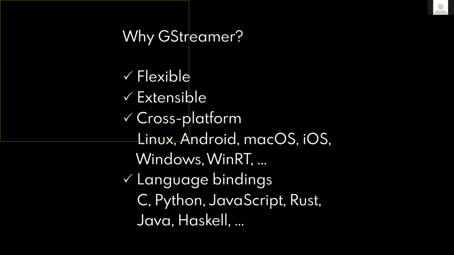So why might you want to consider GStreamer for some of your use cases? As you can see, it's quite flexible, right? So we have all these small elements that you can compose together to use in different scenarios. So in our case, for example, the QT demux that deals with demuxing MPEG-4 container formats doesn't care where the data comes from, right?